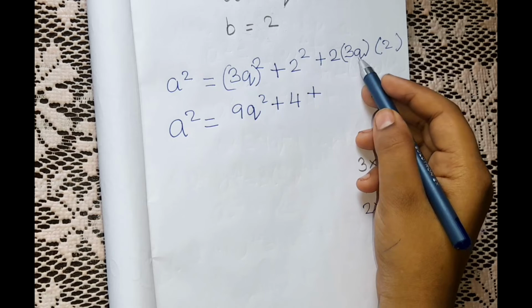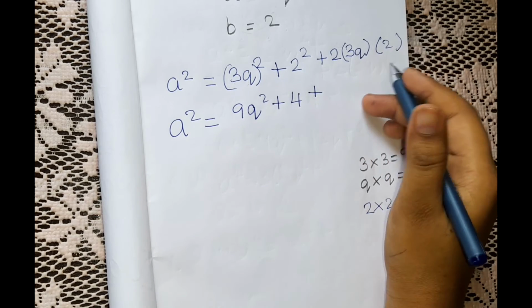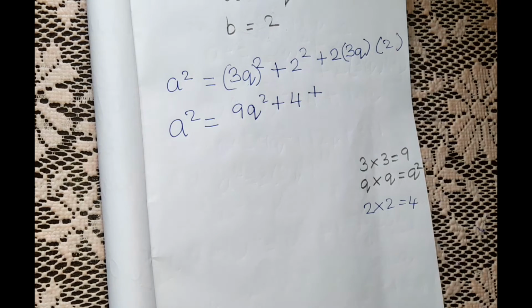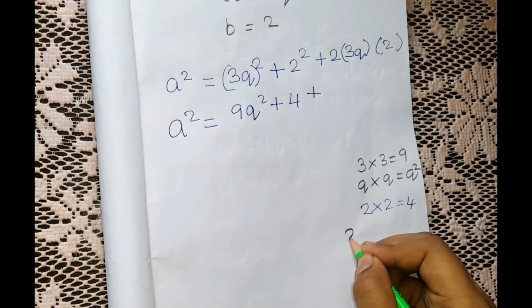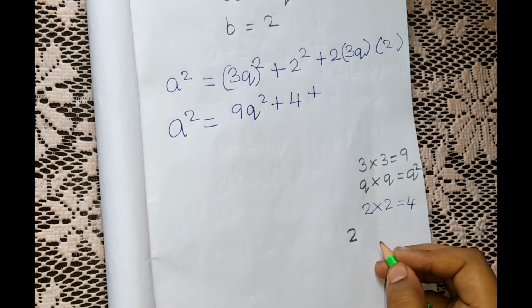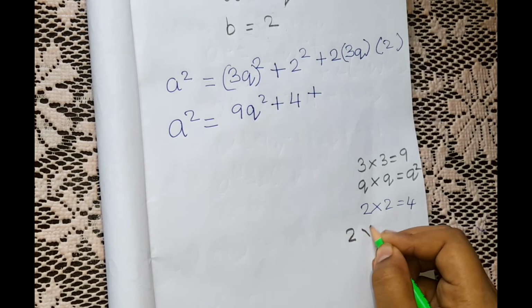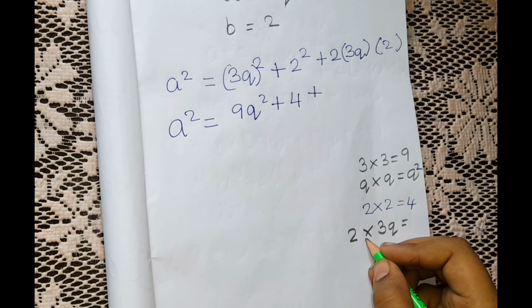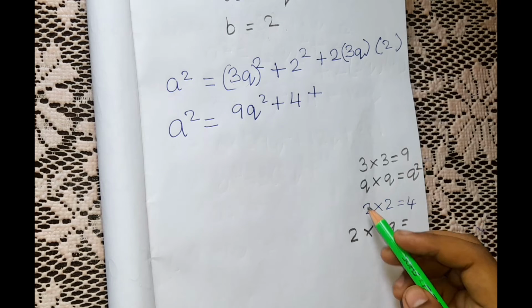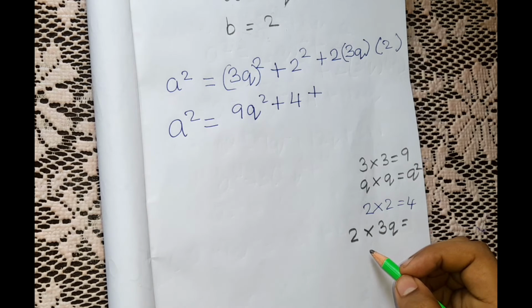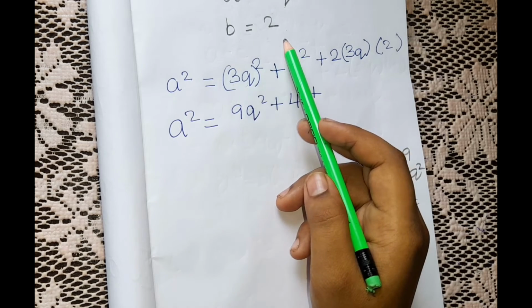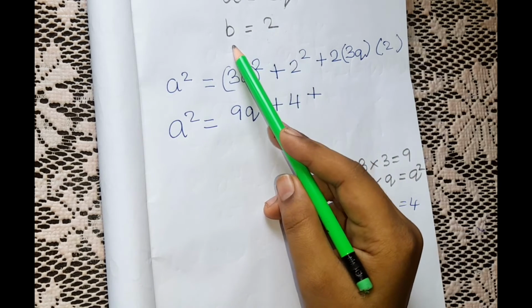First let's solve this. Okay, don't bother about this 2. First you bother about 3 into 3Q. 2 into 3Q. Okay, 2 into 3Q. I am writing it as it is. That is 2 into 3Q. Here, why did I write the multiplication symbol? That's because it's for your understanding. Whatever I am writing here, I am writing it for your understanding. Here also in pencil I have written A is equal to 3Q and B is equal to 2.